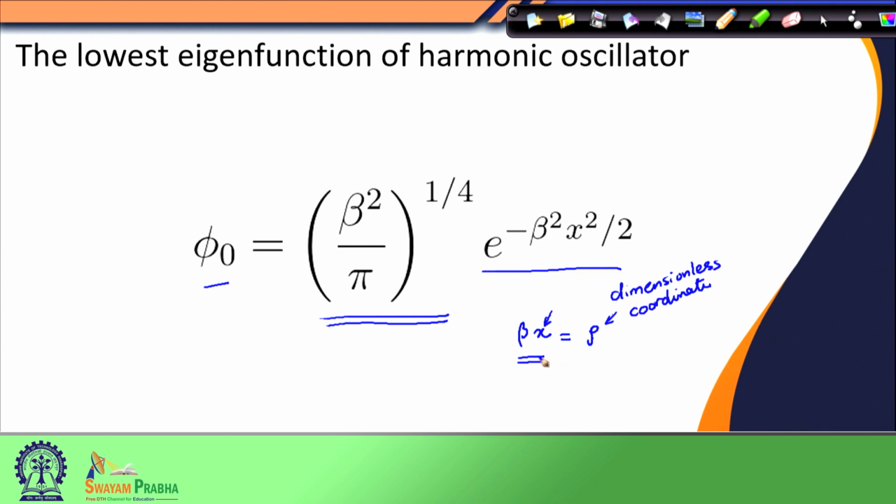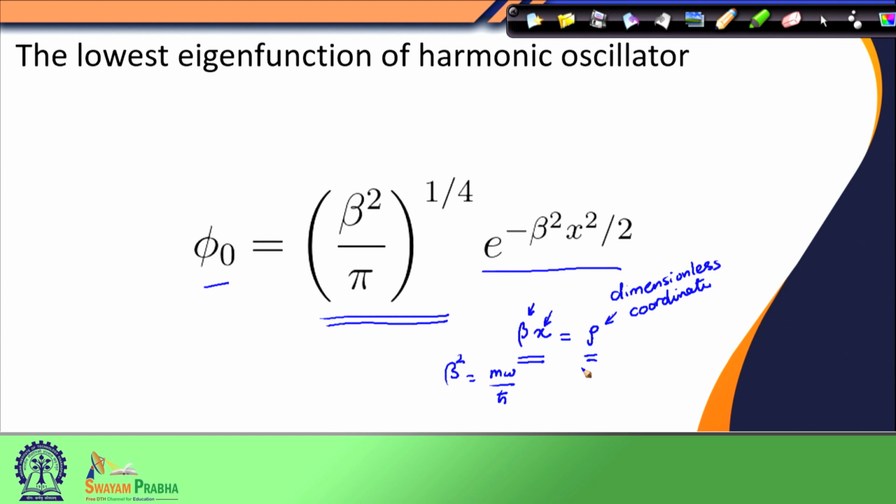And how are we going from the dimensioned coordinate to the dimensionless coordinate? By multiplying x with this beta, which, just to remind you, beta squared is m omega divided by h bar. So, by multiplying this factor with the dimensioned coordinate x, we get this dimensionless coordinate.